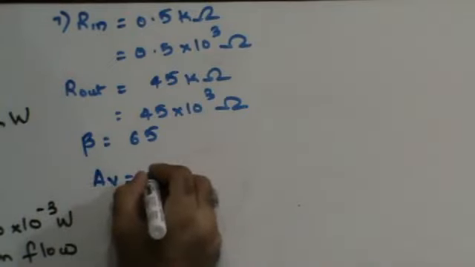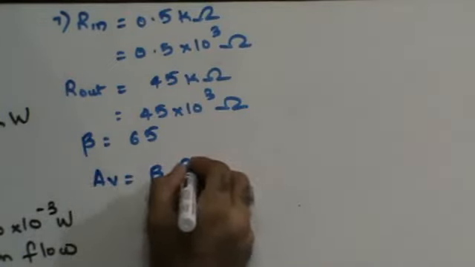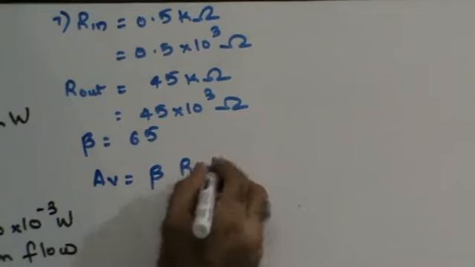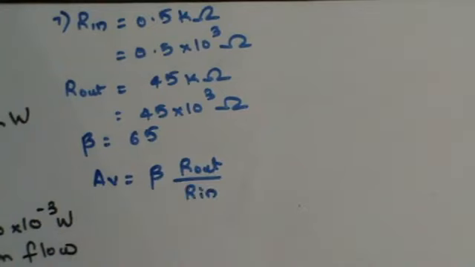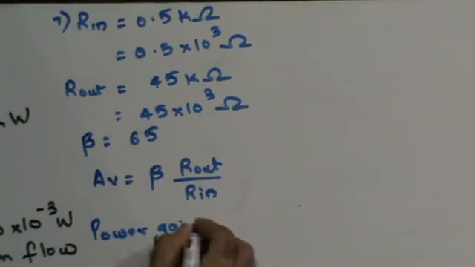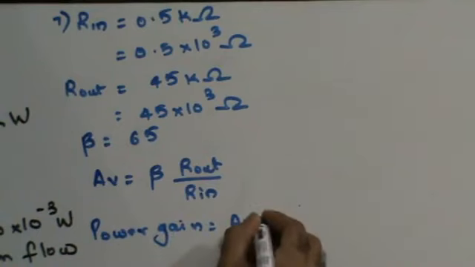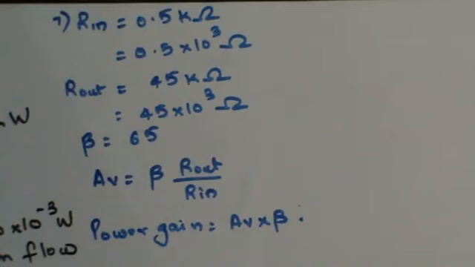Voltage gain is nothing but beta into R out upon R in. Voltage gain is nothing but amplification factor multiplied by output resistance divided by input resistance, and power gain is nothing but voltage gain into amplification factor. Simple straightforward multiplication. You should be able to do this.